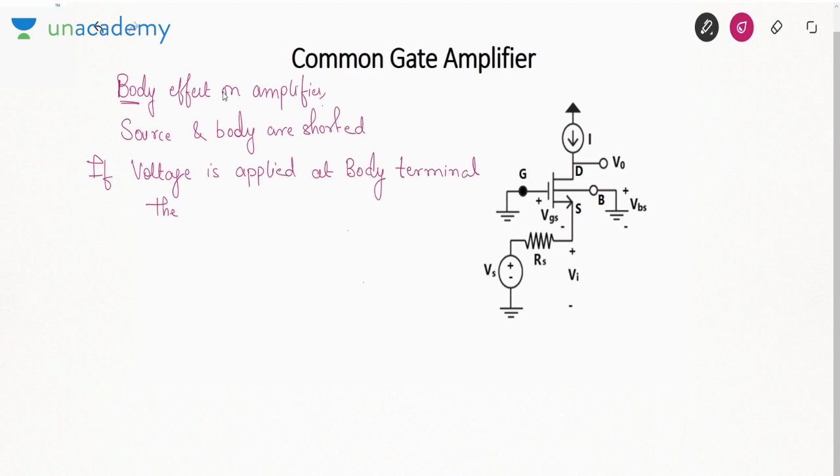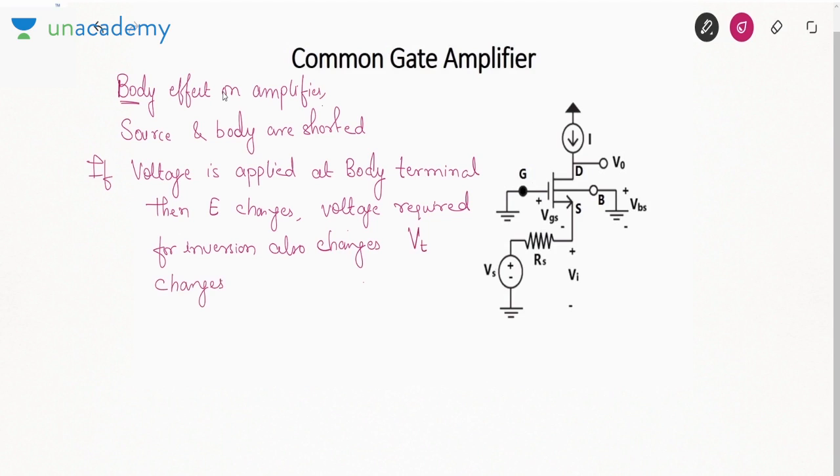Then electric field changes. If electric field changes, the voltage required for inversion also changes. So we can say threshold voltage changes.